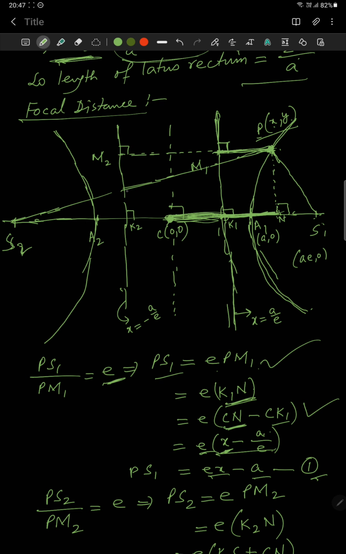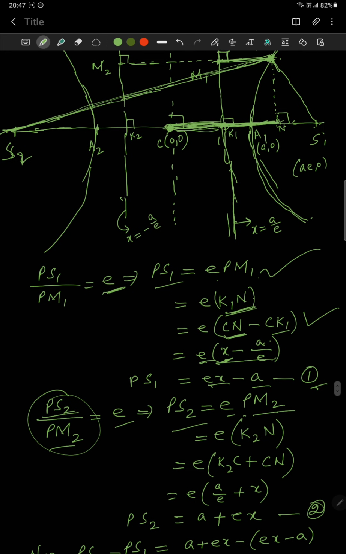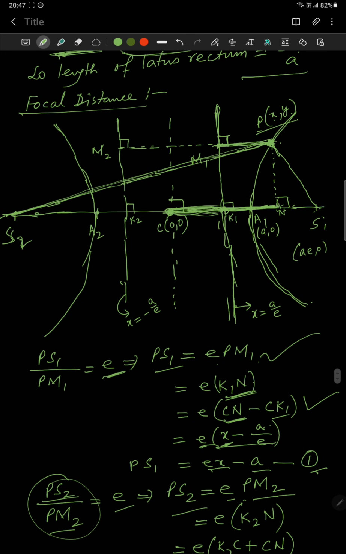Similarly, if we talk about this PS2, then PS2 divided by PM2, that is what I have written here. PS2 by PM2 is equal to E. So PS2 is equal to E times PM2, and PM2, you try to locate in the diagram.